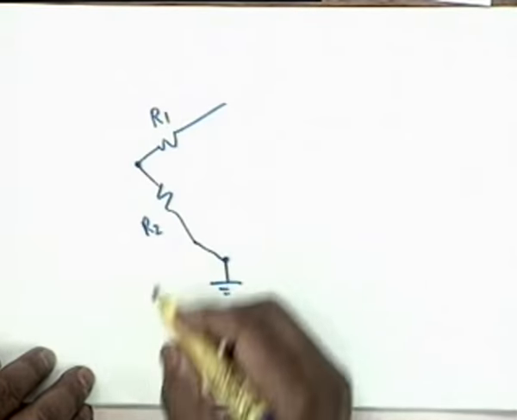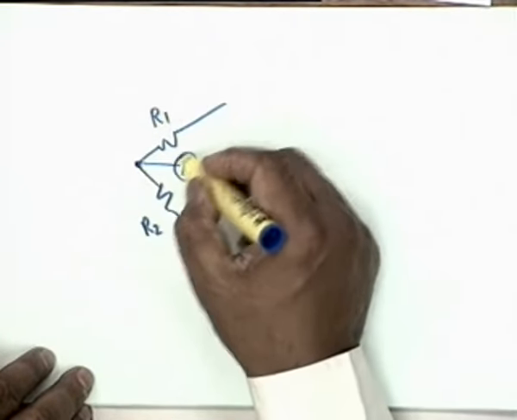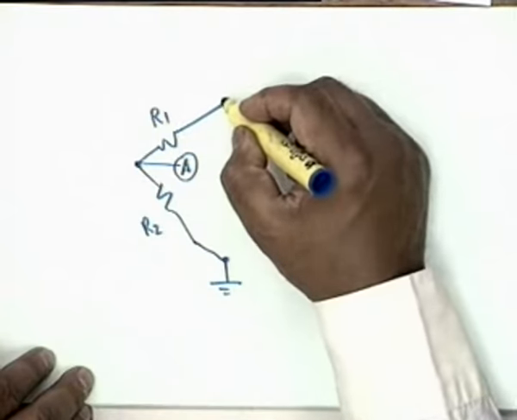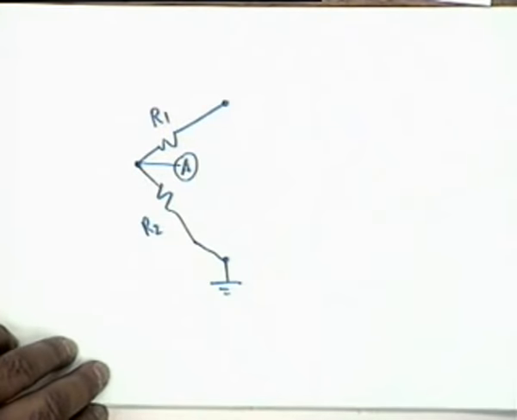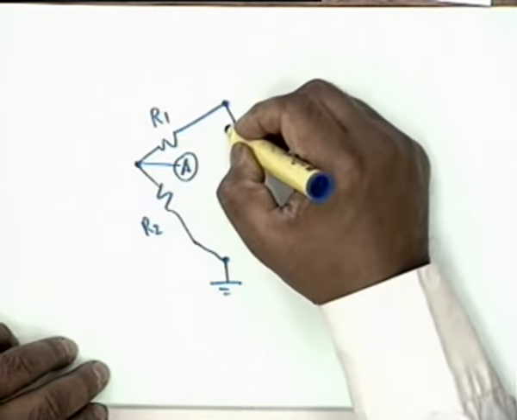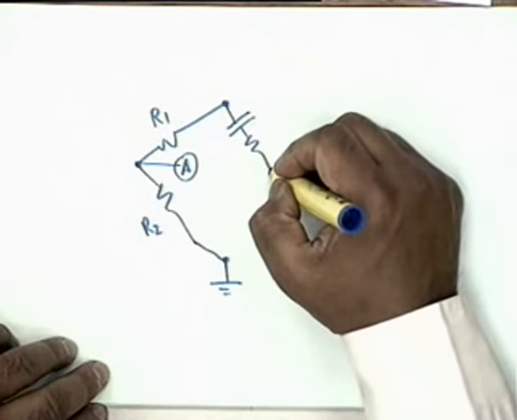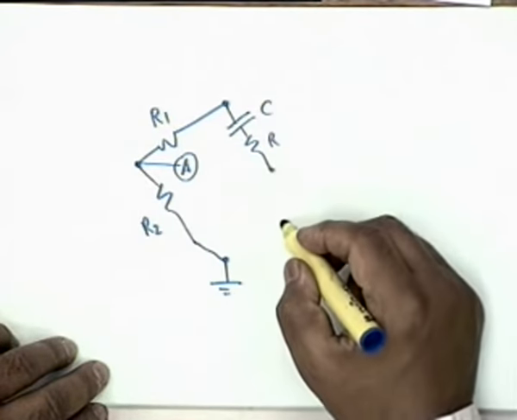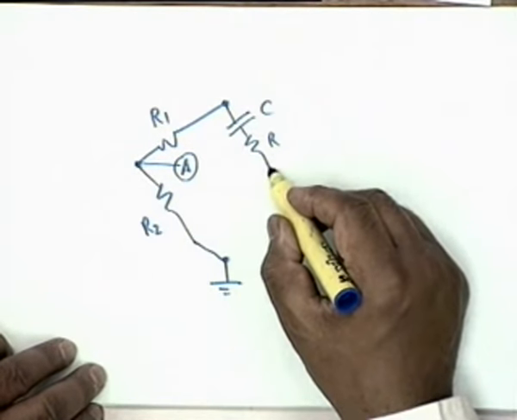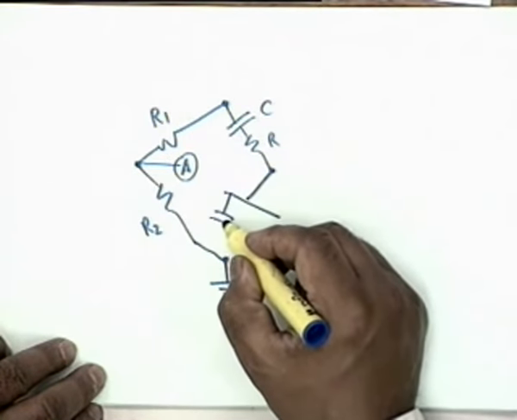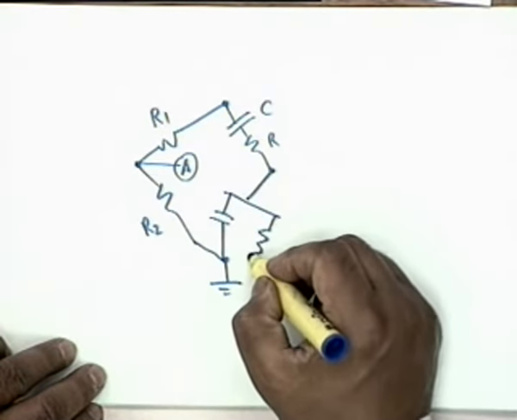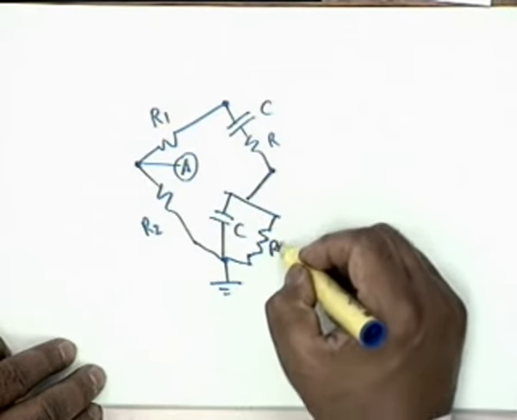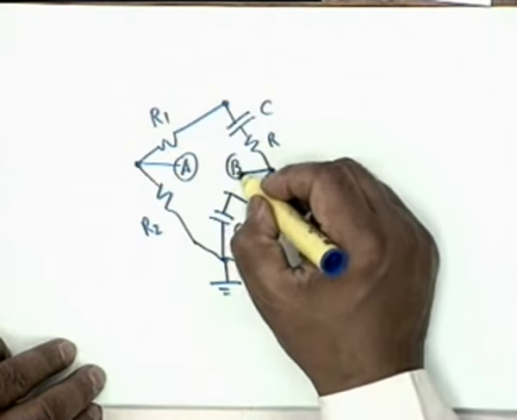R2 is grounded and this point is A. Then from the end of R1, that is the output of the op-amp, goes a series combination of C and R, and this combination goes to ground through the parallel combination of C and R, and this point is B, let us say.